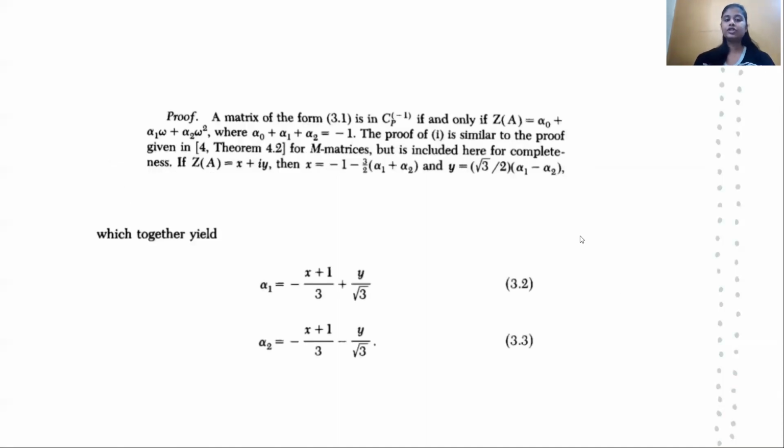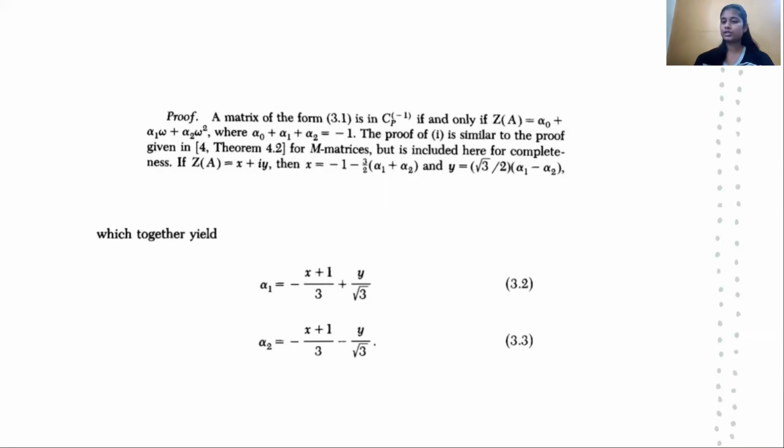Proof. A matrix of the form 3.1 is in C_P to the power minus 1 if and only if z(A) = alpha naught plus alpha 1 omega plus alpha 2 omega square, where alpha naught plus alpha 1 plus alpha 2 is equal to minus 1, which we already proved. The proof of 1 is similar to the proof given in the fourth theorem for M matrices, but is included here for completeness.